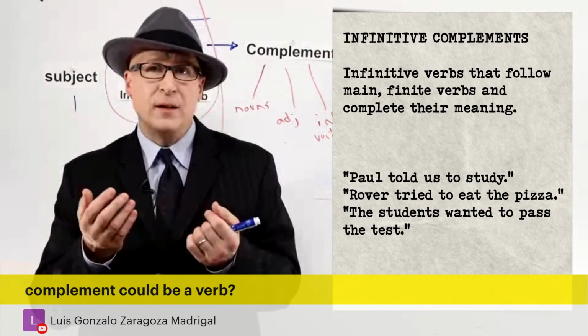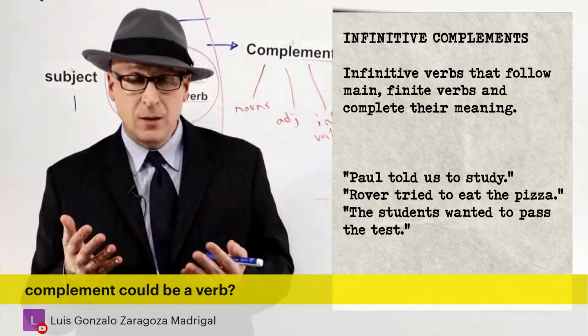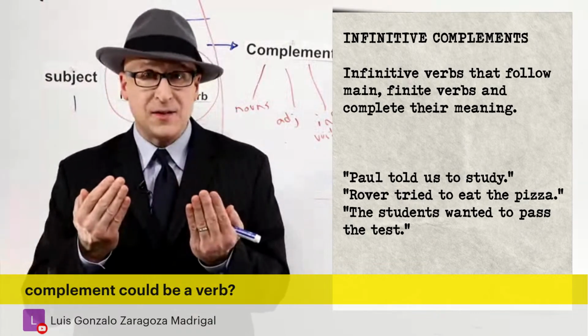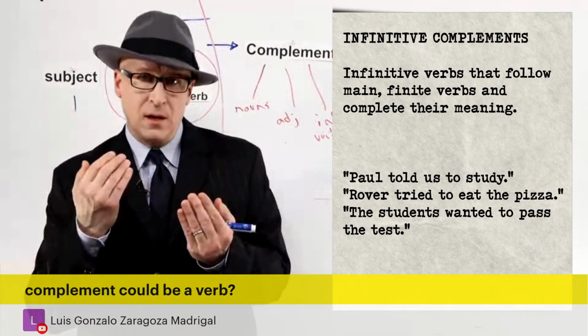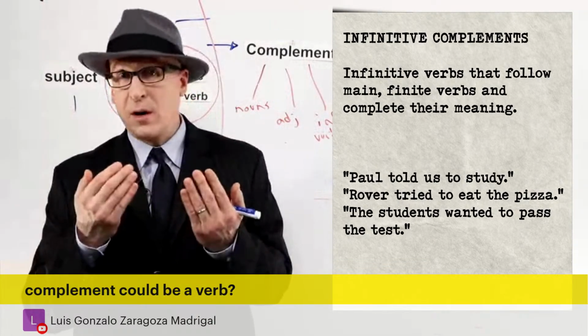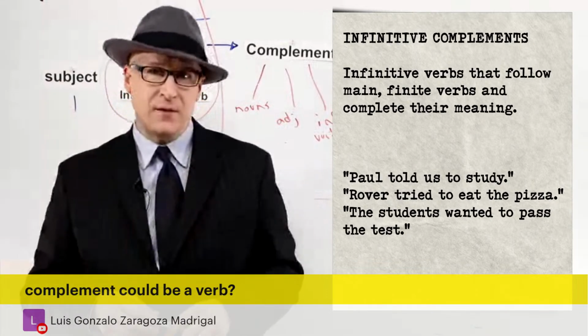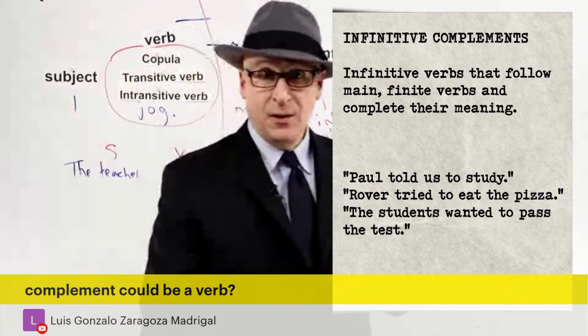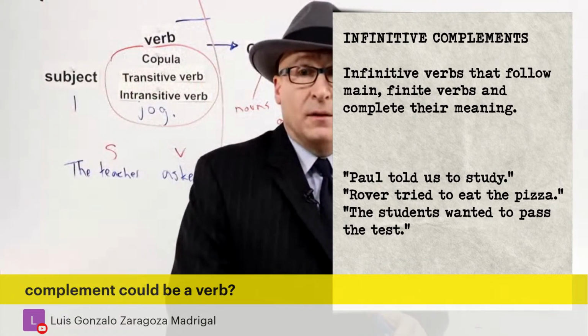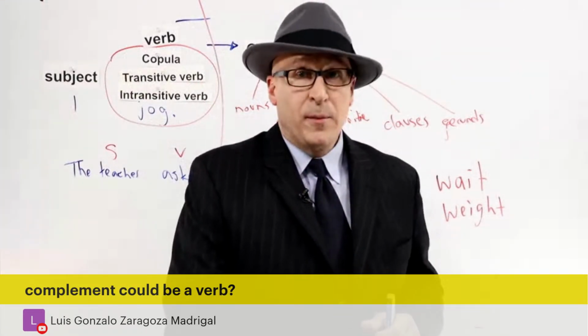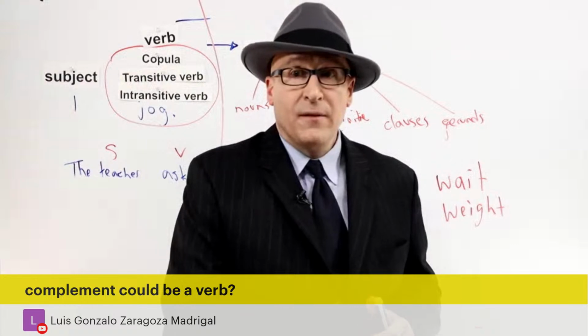That's a verb complement. Or the students wanted. Wanted what? Wanted to pass. That's two verbs. The first verb is our finite verb or our main verb. It tells us the tense. And then the infinitive comes after it. So yes, Luis, that's a verb complement. Definitely possible.